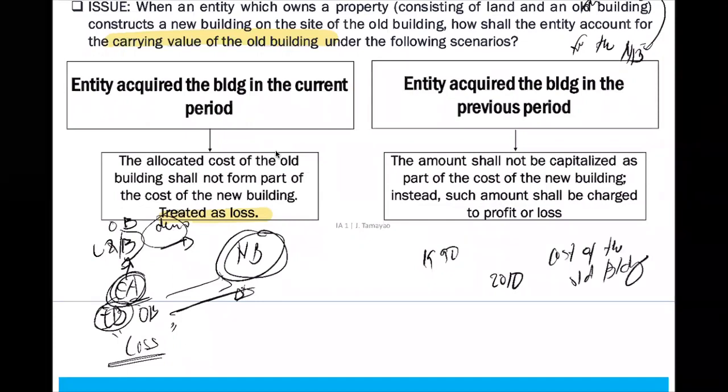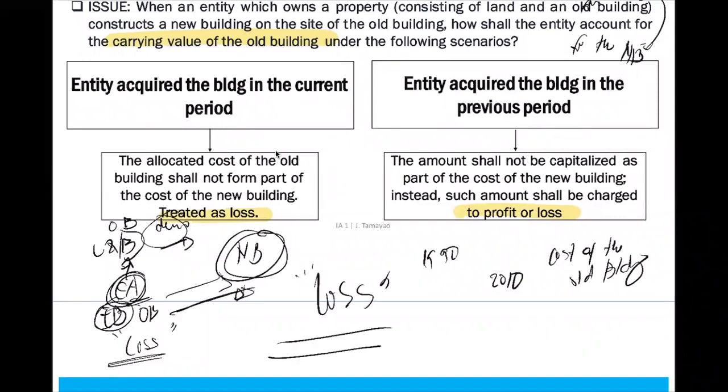Eh the same pa rin yung treatment kasi kung wala naman talaga siyang direct effect dun sa new building, walang transfer of economic benefit, edi is still part of your profit or loss. You will treat it as a loss. So ang bottom line dyan, whatever is the treatment on the old building, whether there's a new building or not, the cost of the old building, since the economic benefit on that old building will already cease, you will treat it as a loss.